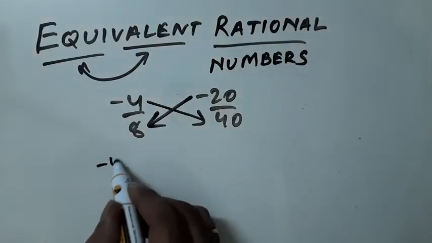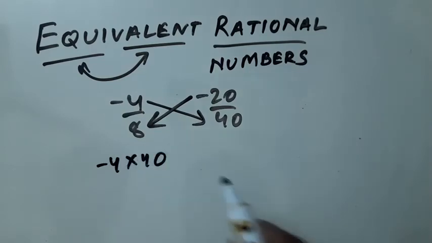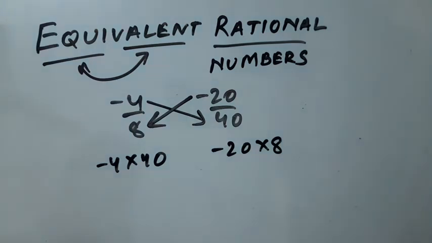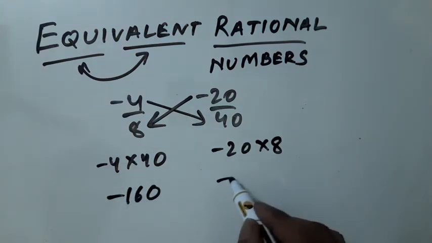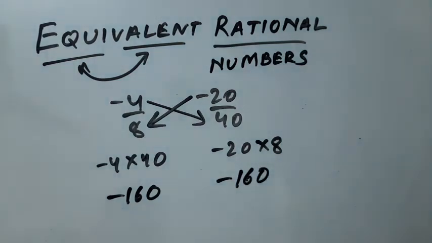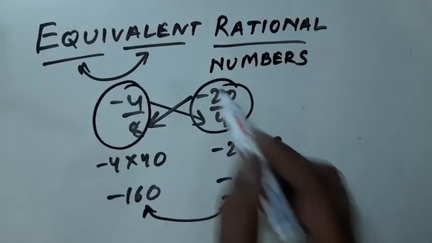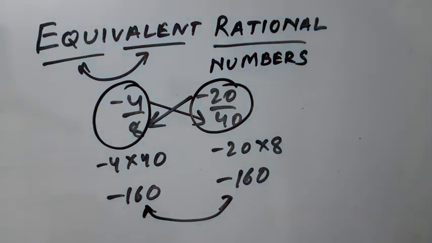So minus 4 into 40 and minus 20 into 8. Here we get minus 160, here also we get minus 160. So these two are equal. If these two are equal, the rational numbers are equivalent. So minus 4 by 8 and minus 20 by 40 are equivalent.